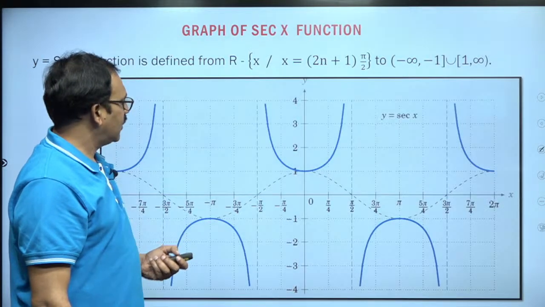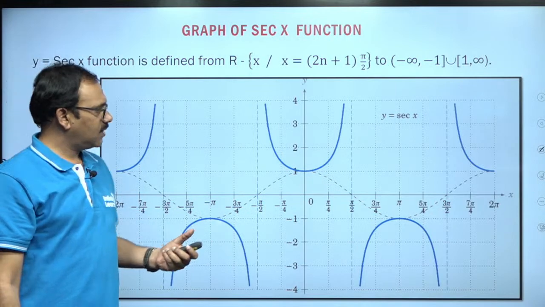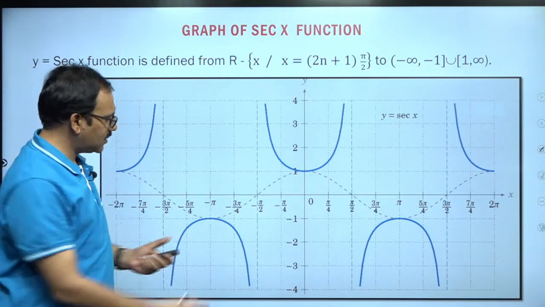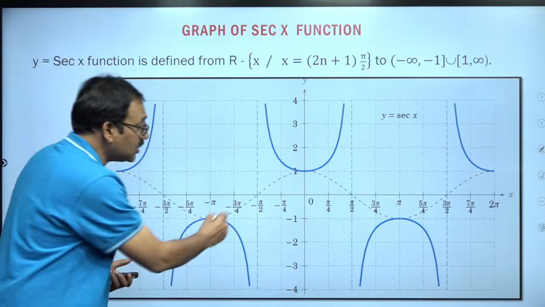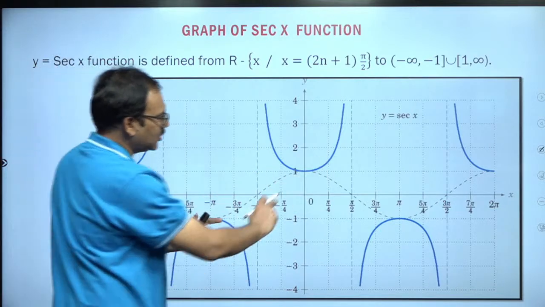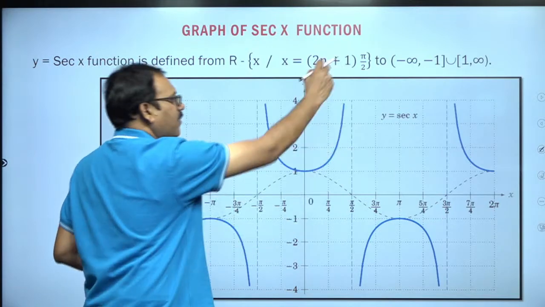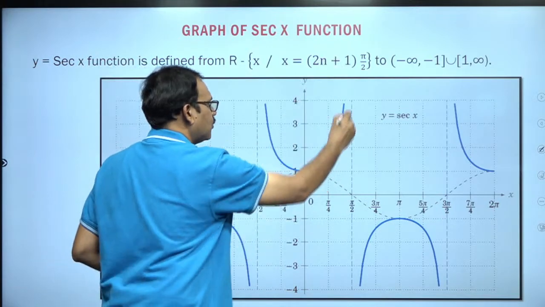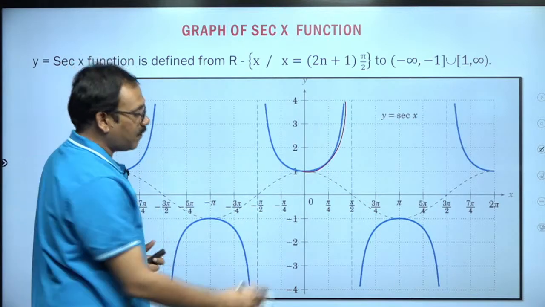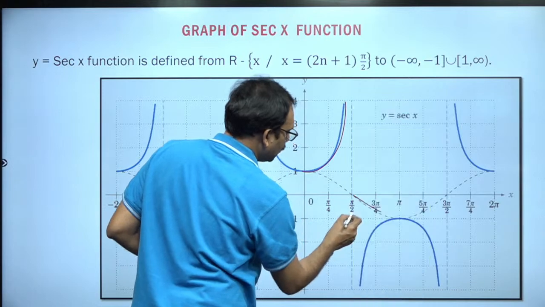Now its graph, for your convenience I have taken a detailed graph. You see the same behavior you can observe. The dotted graph was cos x, the same cos x from 0 to pi by 2, you see cos is between 0 to 1. So, the reciprocals took from 1 to infinity, and from pi by 2 to pi cos is from -1 to 0.